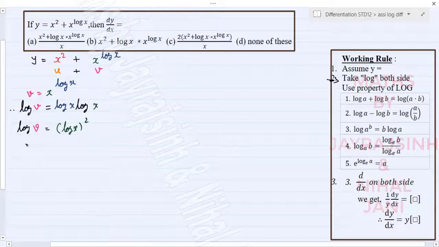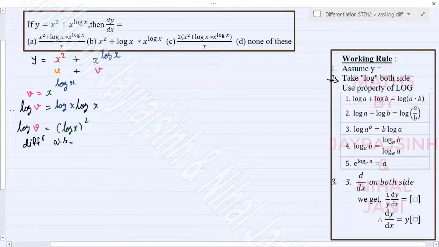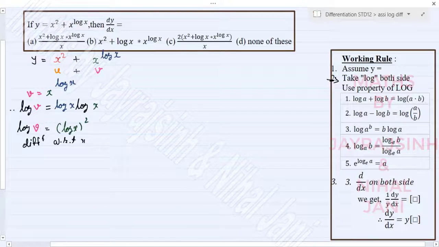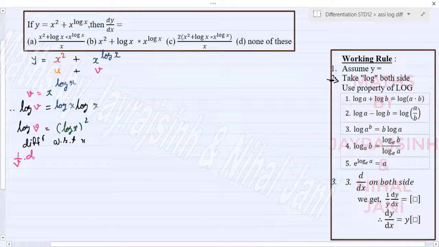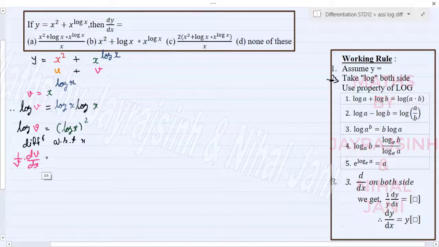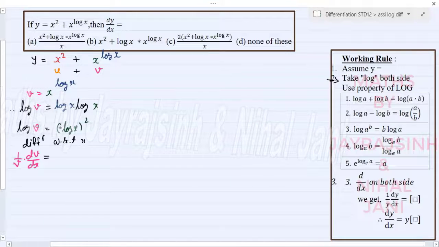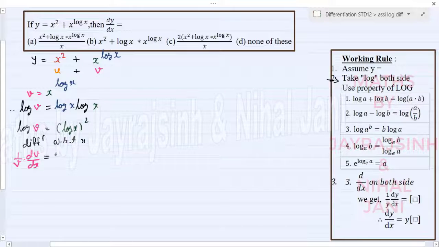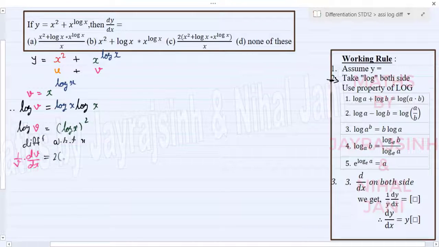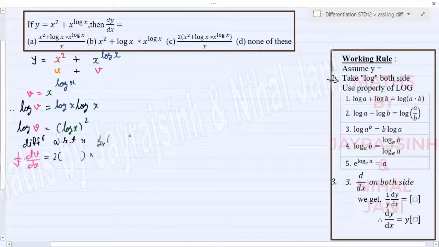So if we differentiate our equation with respect to x, we will get the differentiation of log v, which is 1 upon v dv by dx, is equal to, on the right hand side we have to apply the chain rule. We have to consider a box around the log x. So the differentiation of box square will be 2 times box into d by dx of your box.